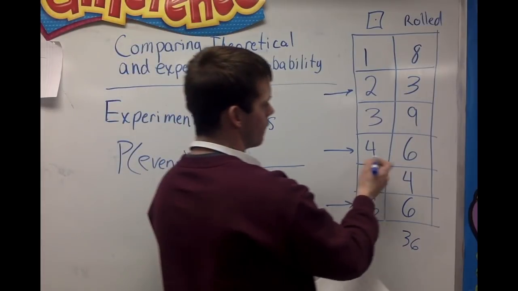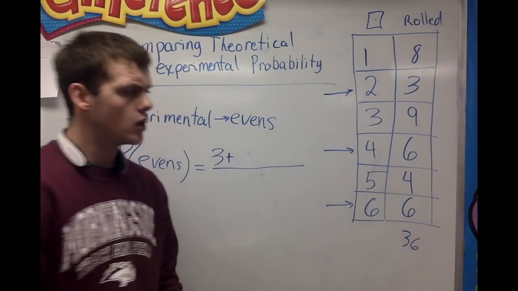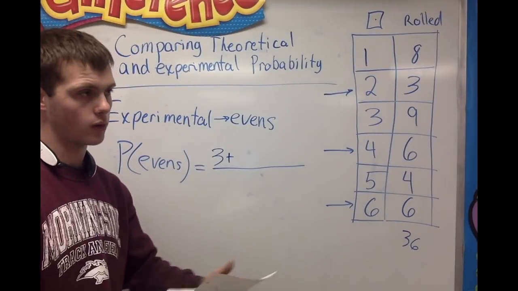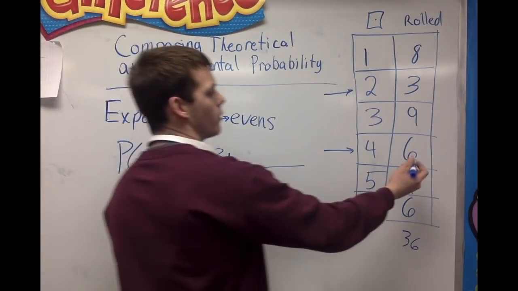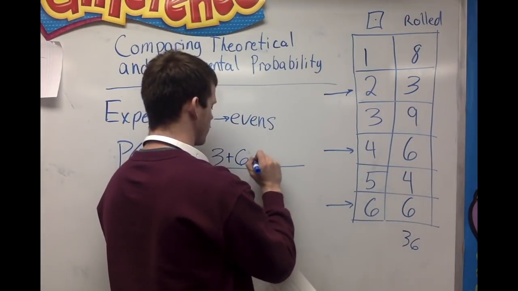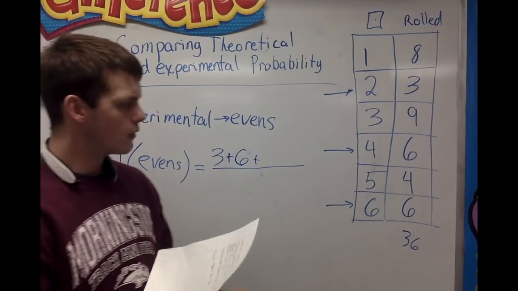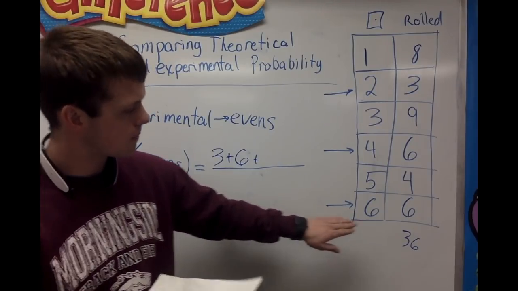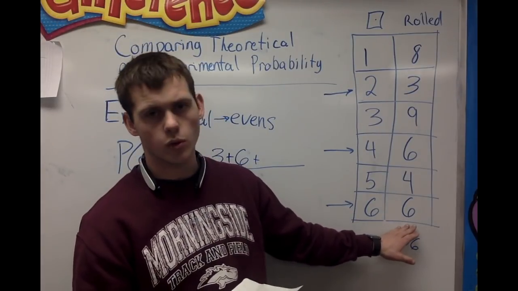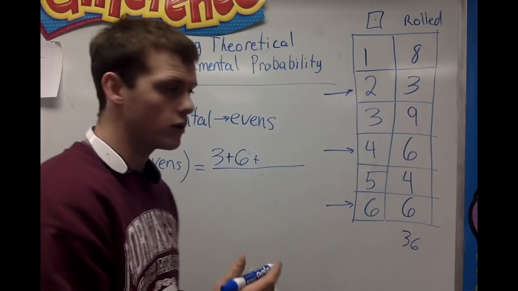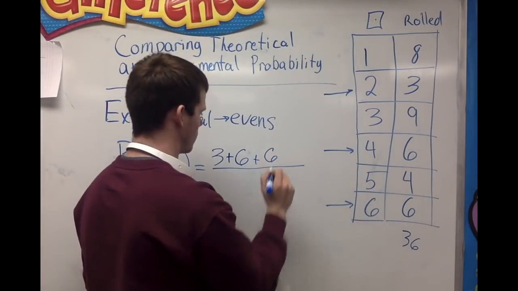Next, the 4. We find out how many times we rolled a 4, and it said we got a 4 6 times. The last one, 6. We rolled a 6 6 times out of our 36.